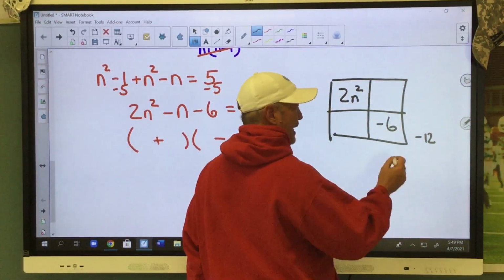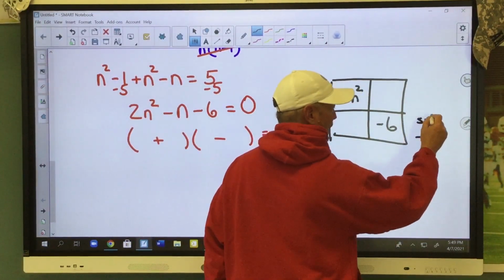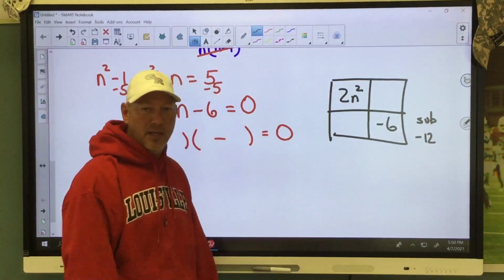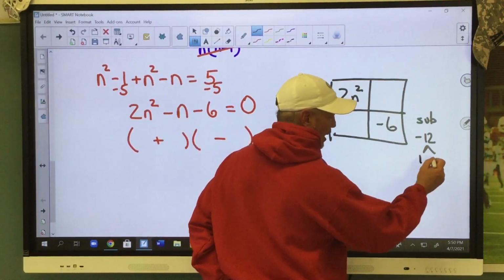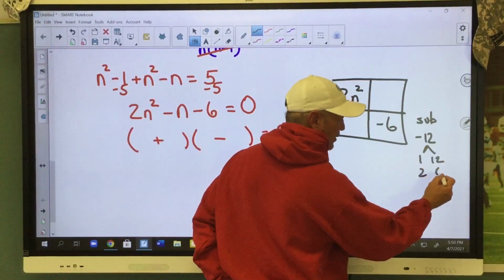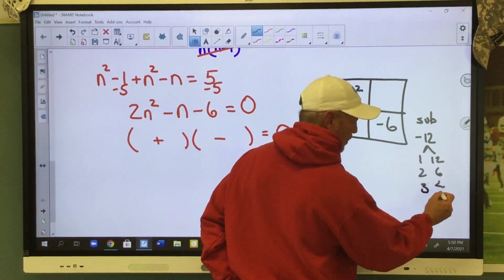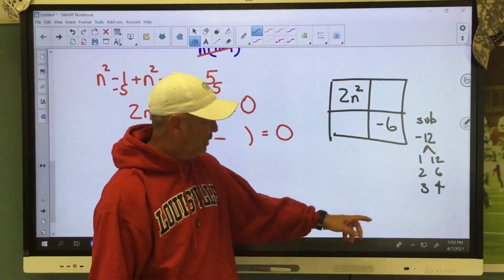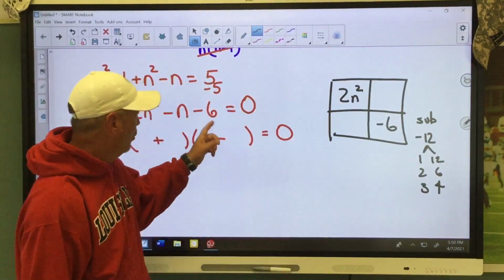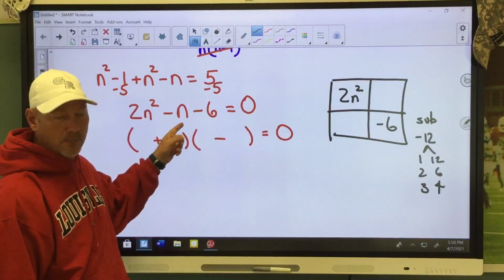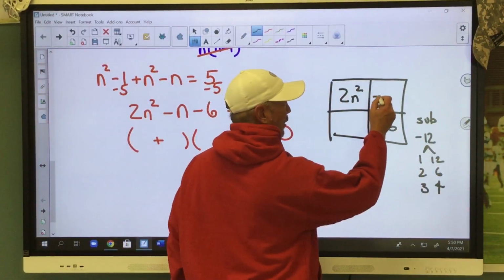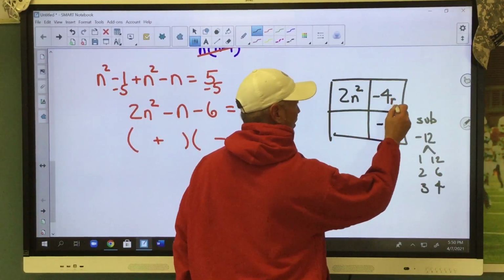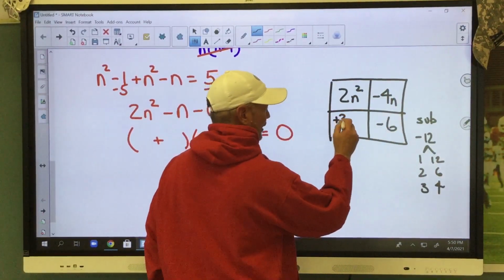And because it's a negative number, I have to subtract to find my combinations. My possible combinations are 1 times 12, 2 times 6, and 3 times 4. We're trying to pick a combination that subtracted will give us a negative 1. So we're going to use the 3 and the 4, but we're going to make the 4 a negative and the 3 a positive.